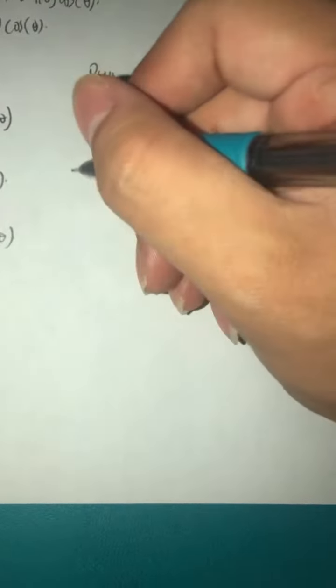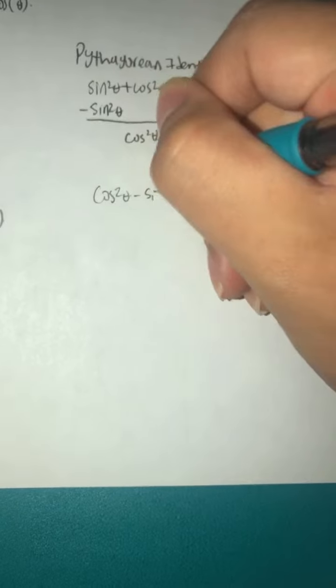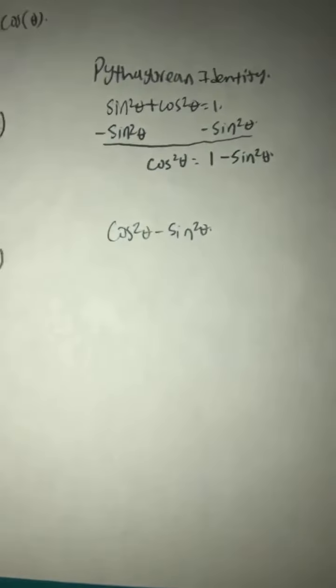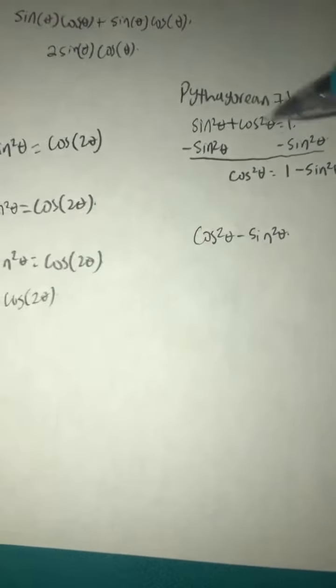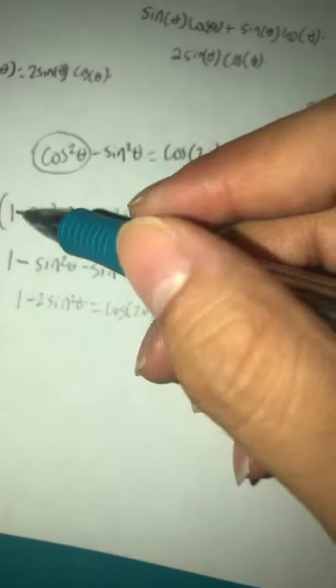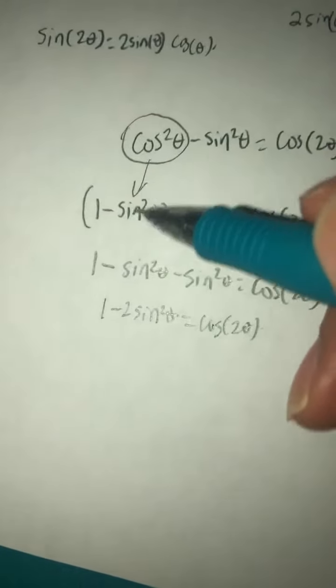The other one: we still have cosine squared theta minus sine squared theta, right? But we already solved for cosine squared theta and plugged it in right here.